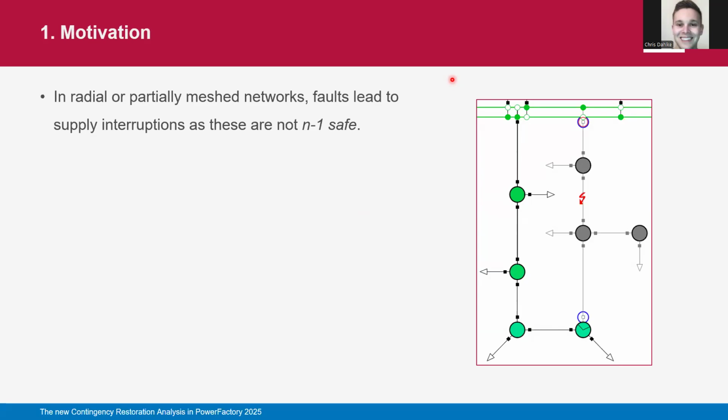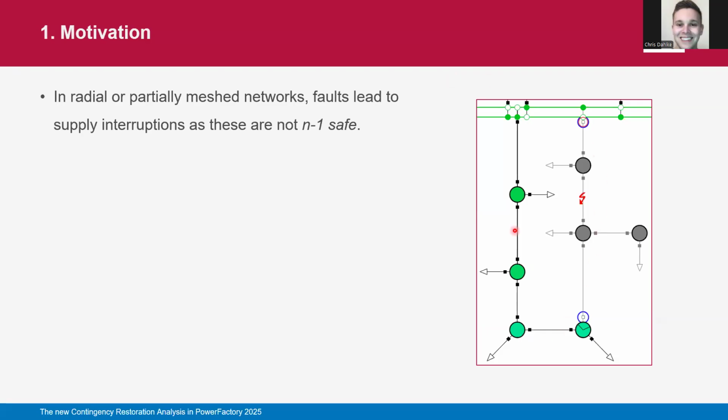So it's normally N-1 safe, or you have some predefined switch operations that will be executed for specific fault cases. However, this does not work in radial or partially meshed networks, as each contingency normally leads to supply interruptions. So the grid is normally not N-1 safe without additional switching operations.